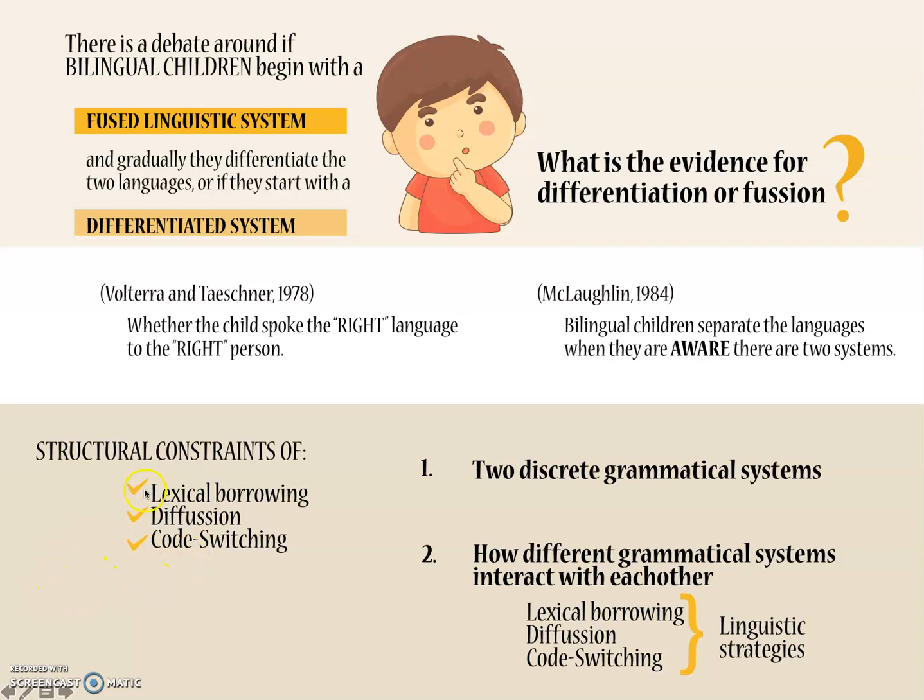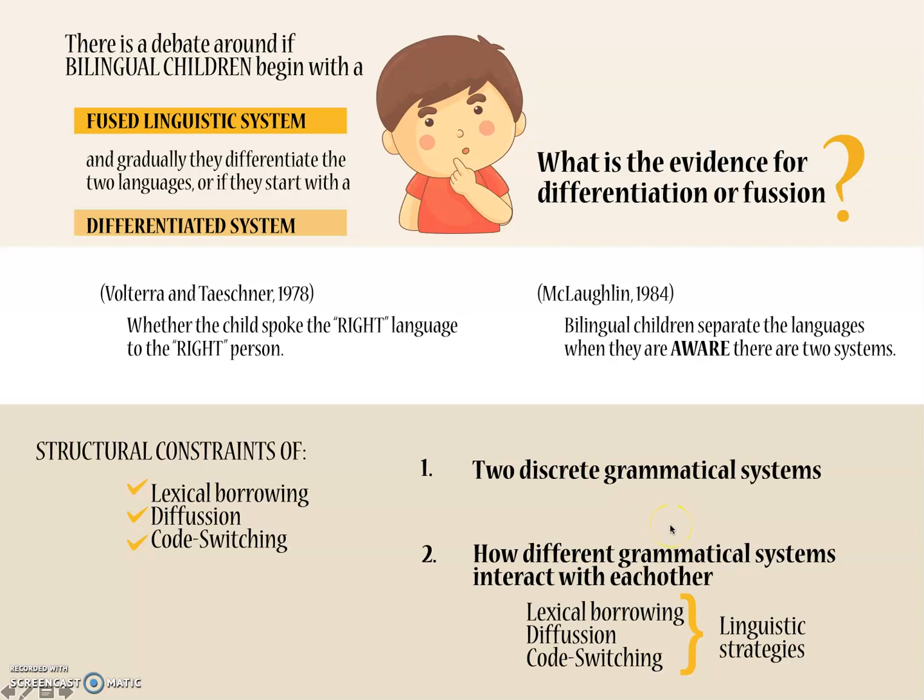Other studies focus on the structural constraints of lexical borrowing, diffusion, and code switching in language contact. There are two contrasting positions. One position assumes that a bilingual individual has two discrete grammatical systems. Usually one of the grammars is more dominant. Another position rejects this.